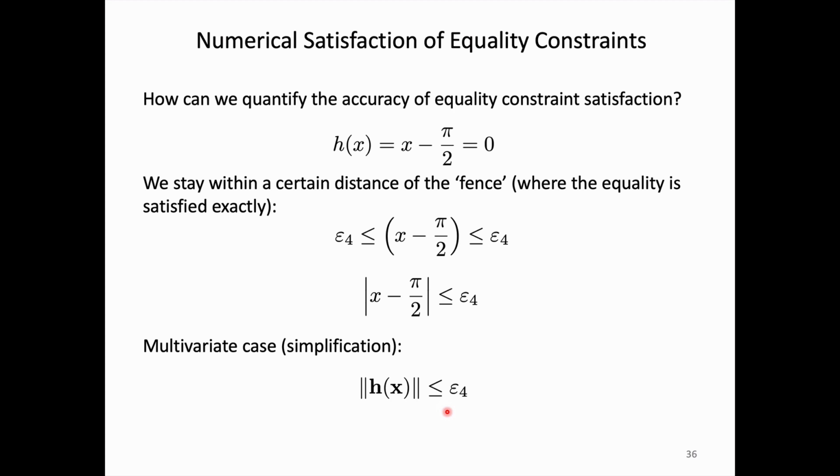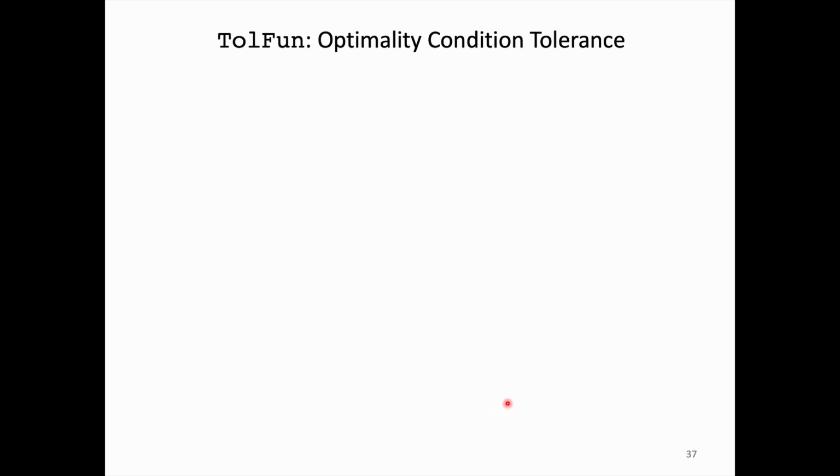And this gets to part of the importance of scaling our problems properly. So it's not just the design or optimization variables we need to scale. We also need to make sure that the outputs of our functions are also similar orders of magnitude so that these tolerances can be applied consistently and get essentially the same level of accuracy for all of the functions.